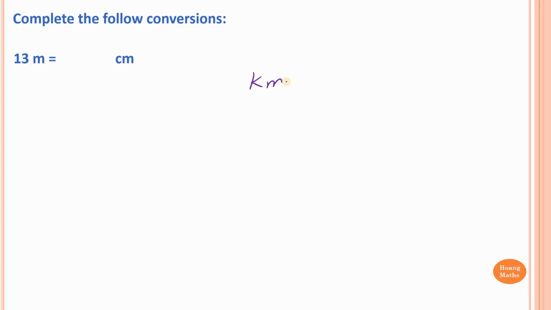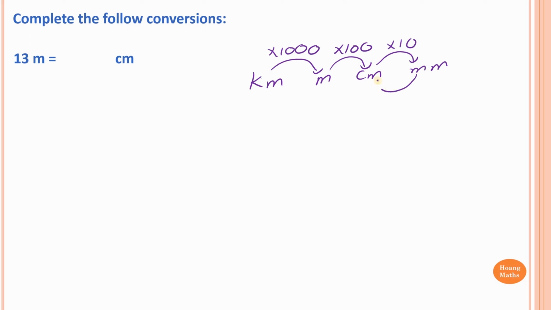Just write down the chart first: kilometers, then meters, followed by centimeters. Of course, it has to be in that order, otherwise you're wrong. You times by 1,000, and each time you go, 1 zero less. So 100, then times 10, and going backward you divide.